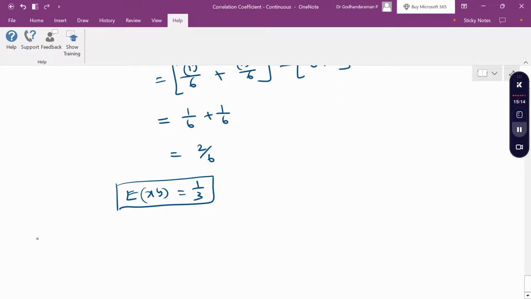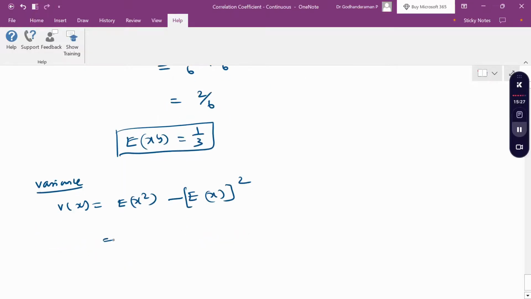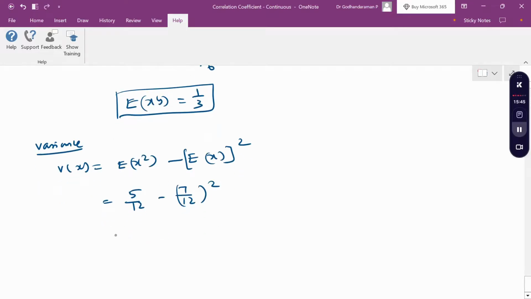Then to calculate the variance, variance of x is E of x square minus E of x whole square. When I substitute, the E of x square value is 5 by 12, and the E of x value is 7 by 12. Therefore this is 5 by 12 minus 7 by 12 whole square, that is 5 by 12 minus 49 by 144.